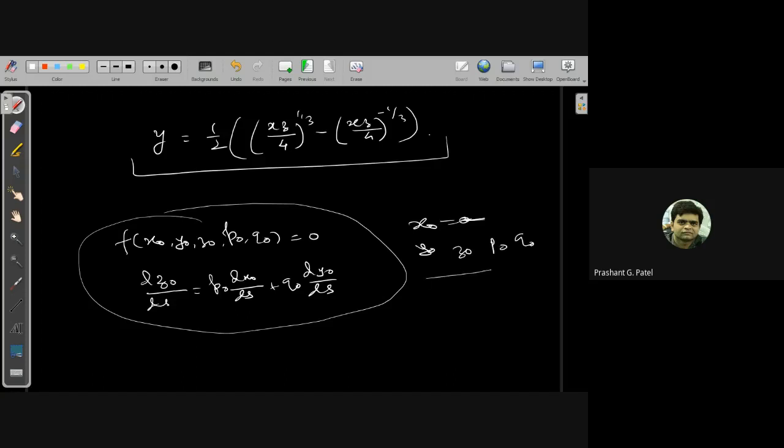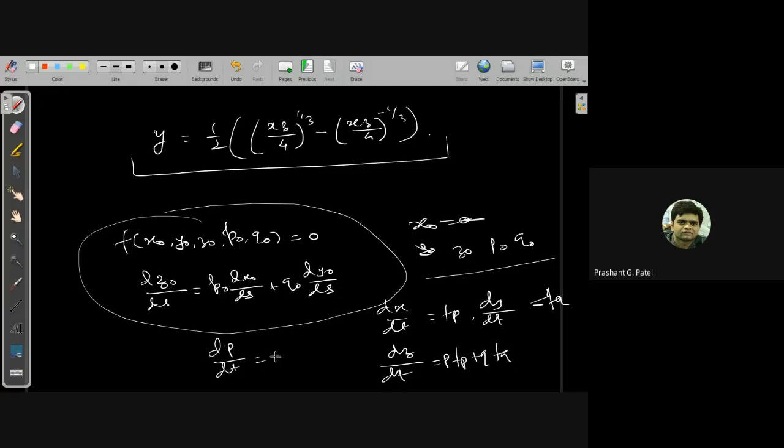Once you get that, you go to the next step of solving the five linear equations, that is dx/dt is equal to Fp, dy/dt is equal to Fq, dz/dt is equal to pFp plus qFq, dp/dt is equal to minus Fx minus pFz, and dq/dt is equal to minus Fy minus qFz.